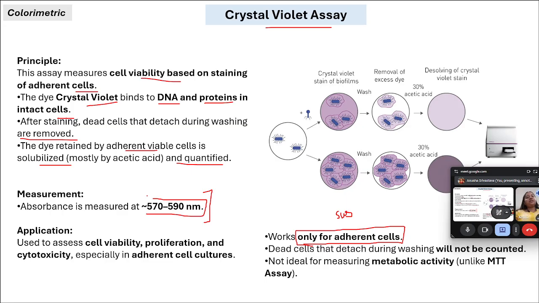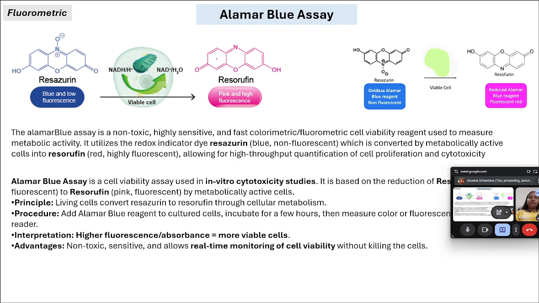Another limitation is that sometimes during washing, when you are adding dye and handling the plate, some healthy or live cells can also get detached. Dead cells that detach during washing will not be counted. It is also not ideal for measuring metabolic activity, unlike the MTT assay, which measures metabolic activity.